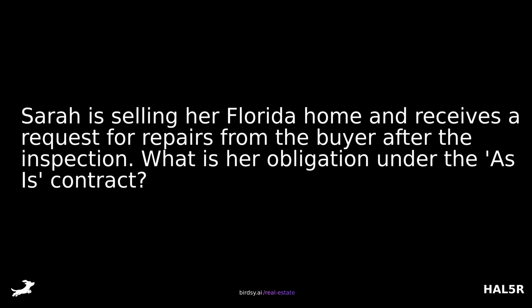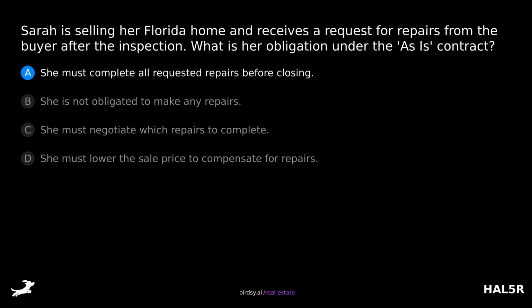What is her obligation under the as-is contract? Is it A, she must complete all requested repairs before closing? B, she is not obligated to make any repairs? C, she must negotiate which repairs to complete? Or D, she must lower the sale price to compensate for repairs?